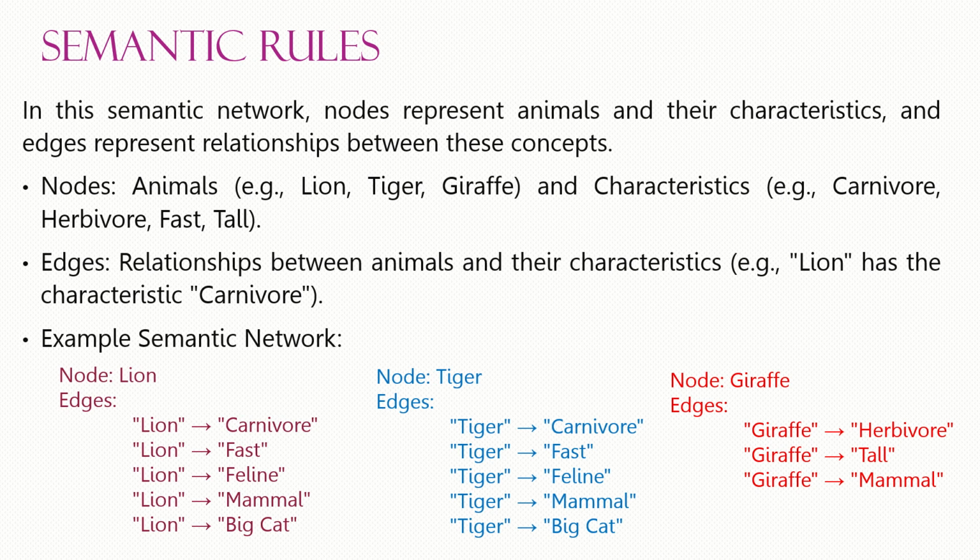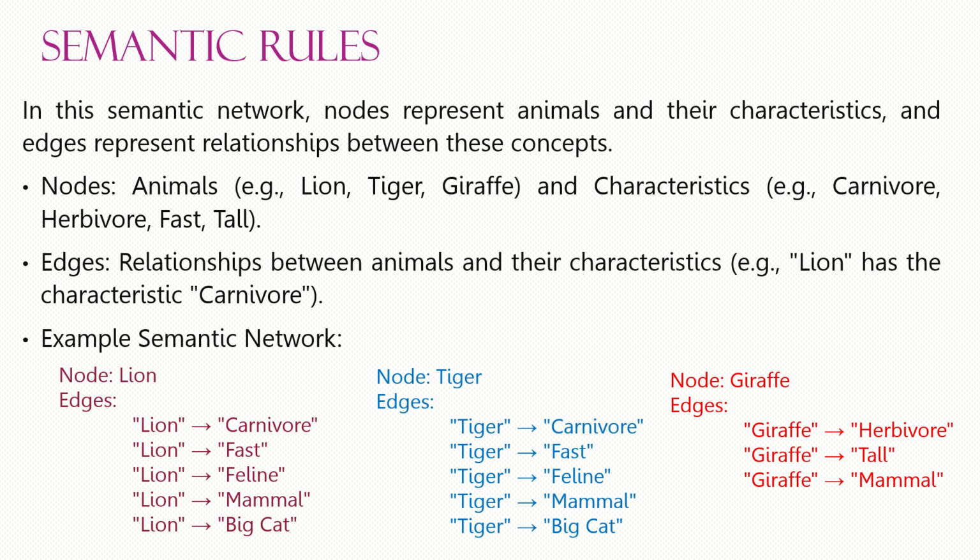Let us define the nodes as animals, for example lion, tiger, and giraffe, and characteristics like carnivore, herbivore, fast, tall, etc. The edges are the relationships between the animals and their characteristics. For example, the lion has the characteristic of carnivore.